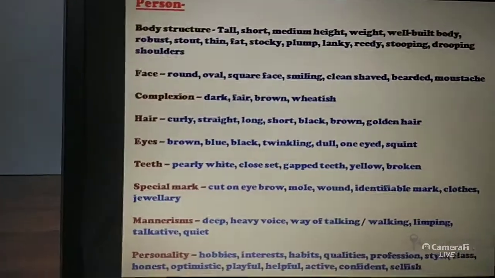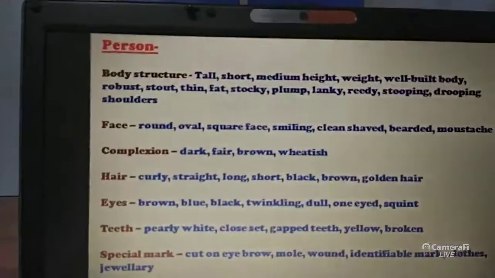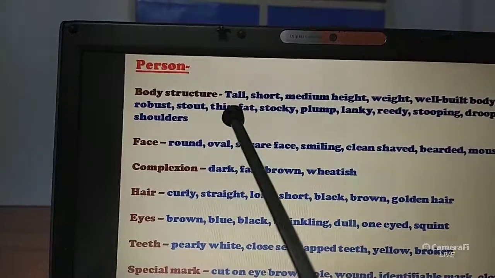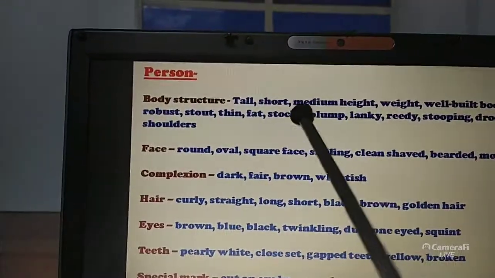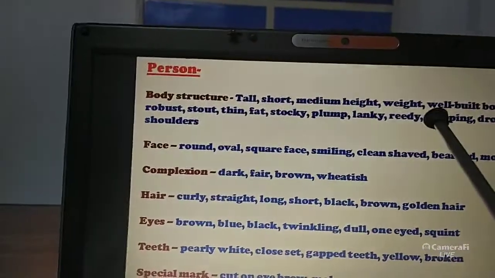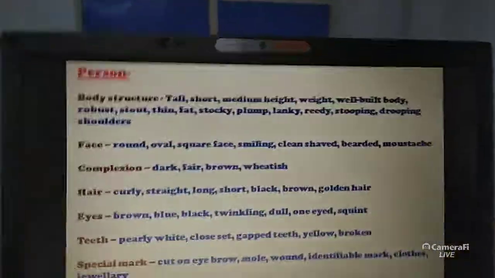So when we describe a person generally, we describe a few things. We describe the body structure, whether the person is tall, short, or of medium height, and what the weight of that person is. Suppose he is a very heavy person, or a very thin person.